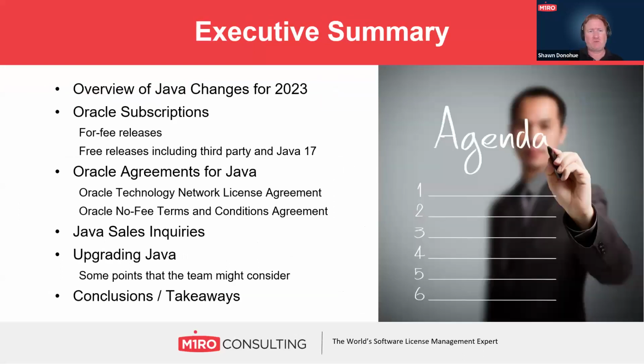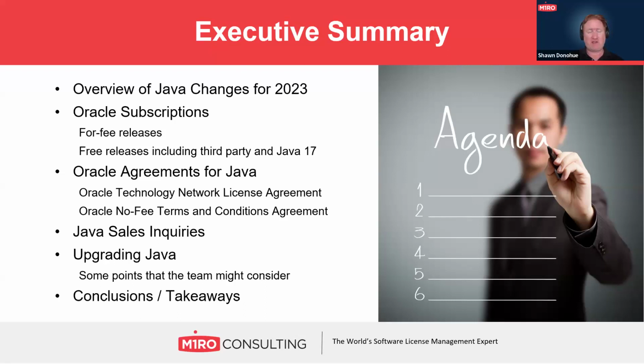So what are we going to cover today? We're going to cover the changes for Java licensing that have happened since 2023, and I will cover a little bit before that, just so you have the context for it. We're going to talk about the different Oracle subscriptions, the fee releases and the free releases, and how to identify which is which. We're going to talk about the different agreements for Java, the different ways that you might get audited for Java, which is, of course, a sales inquiry.